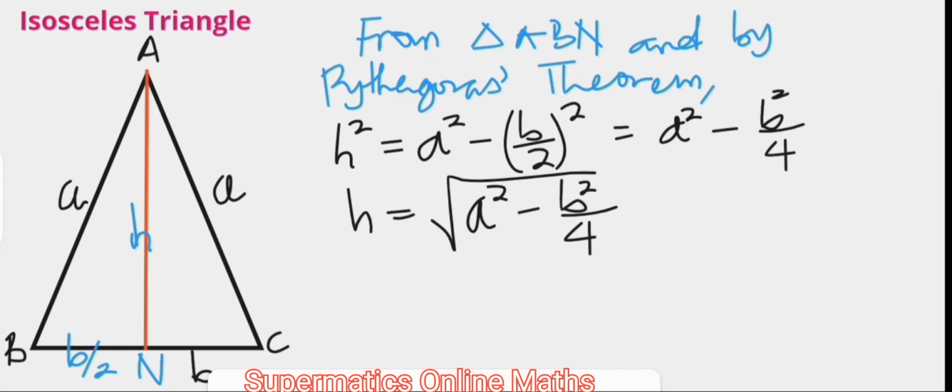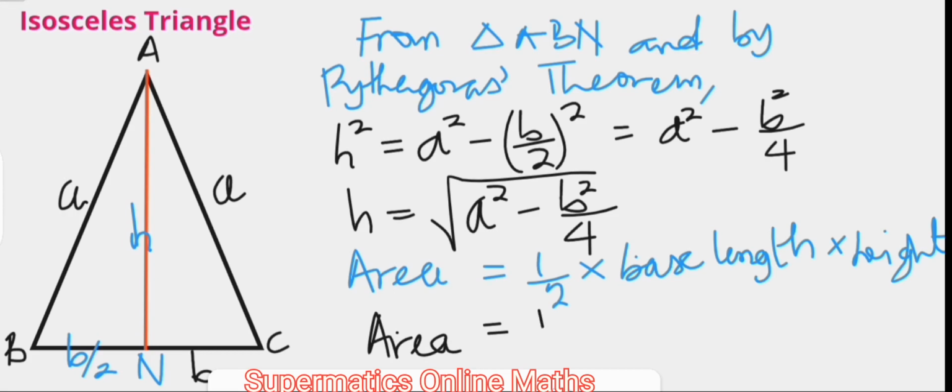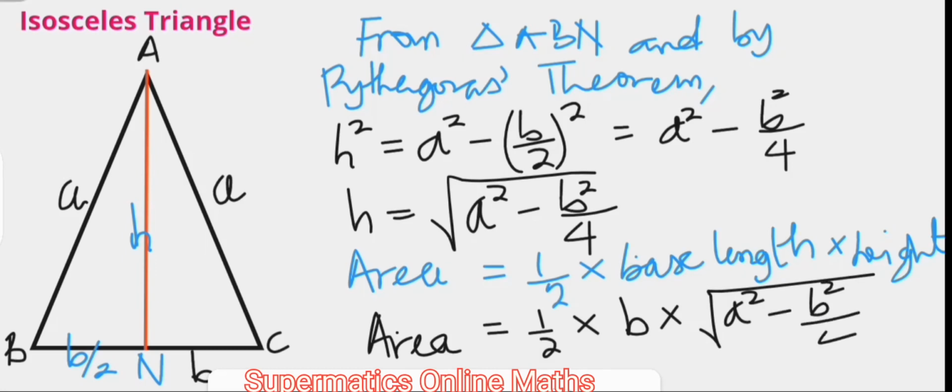Now that the altitude has been obtained, recall that the area of triangles generally is half multiplying the base length multiplying the height, that is the altitude. So the area in the case of this isosceles triangle is half times the base length, which is B, times the altitude, which is the square root of A squared minus B squared over 4.